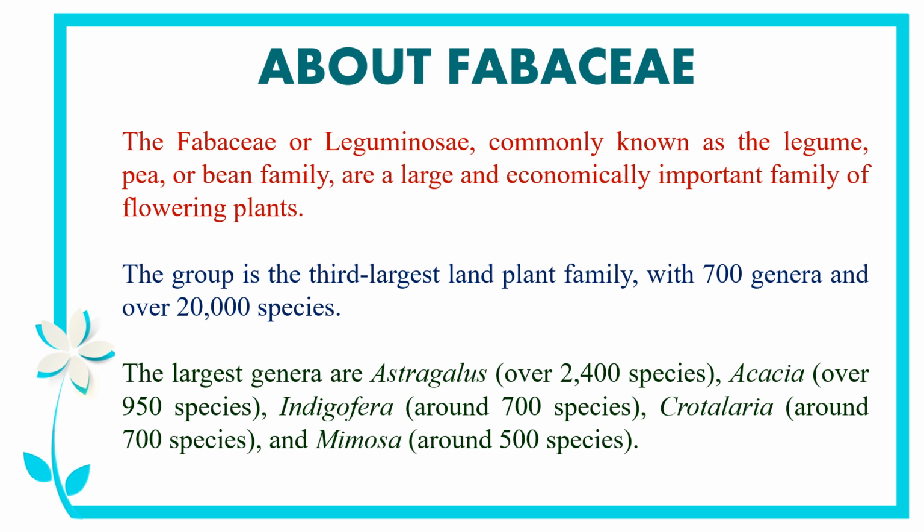By division, Caesalpiniaceae, Mimosaceae and Papilionaceae are also included under the family Fabaceae, which is the third largest plant family with about 700 genera and over 20,000 species. Some of the largest genera are Astragalus, Acacia, Indigofera, Crotalaria, and Mimosa.